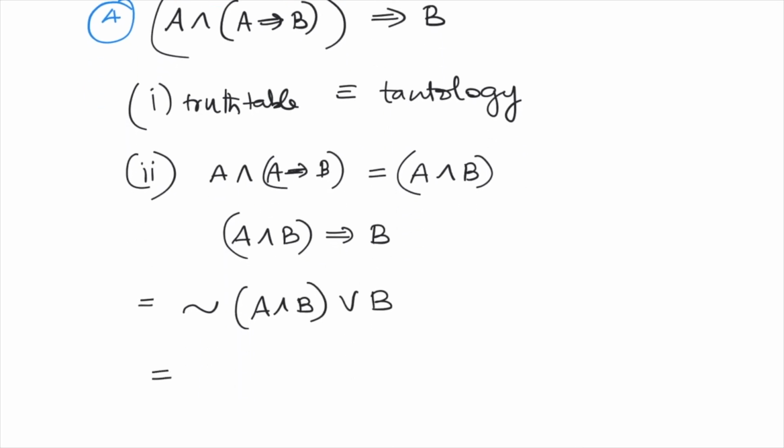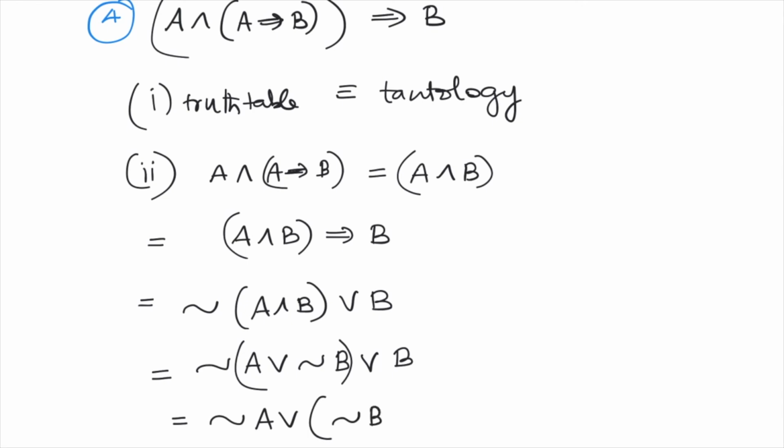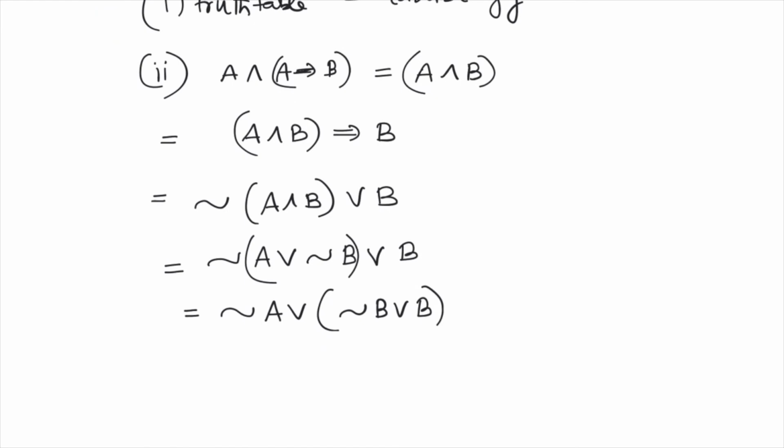So this is equivalent to negation A or negation B, or B. Now you can use the associative property, the associative law. Now negation B or B is going to be T. So this is negation A or T. Negation A or T is going to be T. So using the laws of mathematical logic, we have obtained that this is a tautology. So that is the second approach.